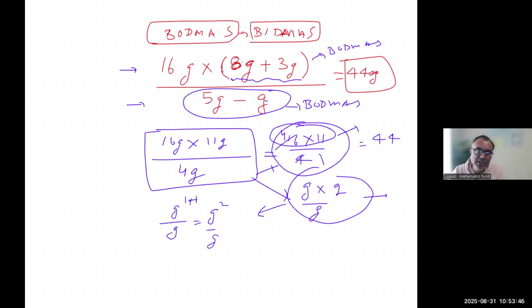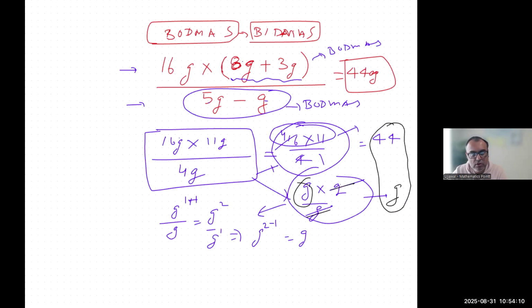And then the law of division kicks in, which says g^(2 take away 1), which is g. Or I can simply cancel one g with the other g. I cancel these two g, and I'm left with a g. So the answer is 44g.